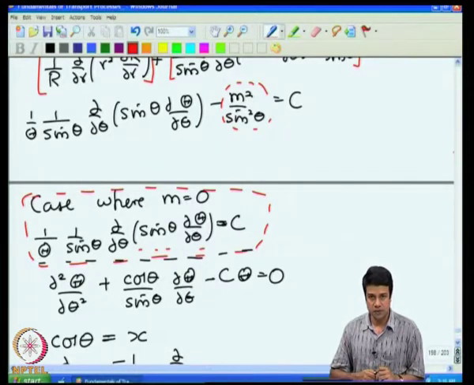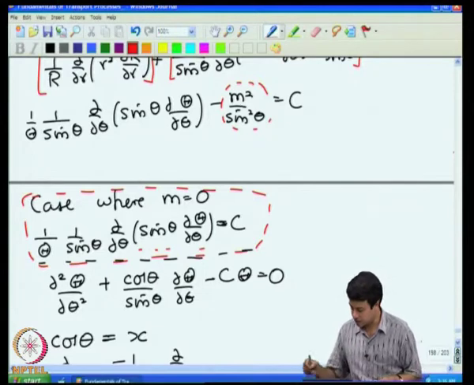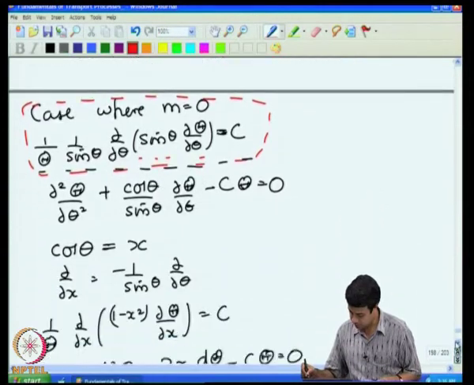I showed you that if we postulate that this term which depends upon theta, that is 1 over sin theta d by d theta of sin theta times partial of capital Theta with respect to theta, is equal to some constant, that constant has necessarily got to be equal to minus n into n plus 1, where n is an integer. N has to be necessarily an integer.